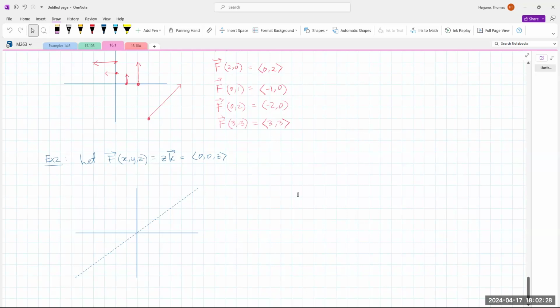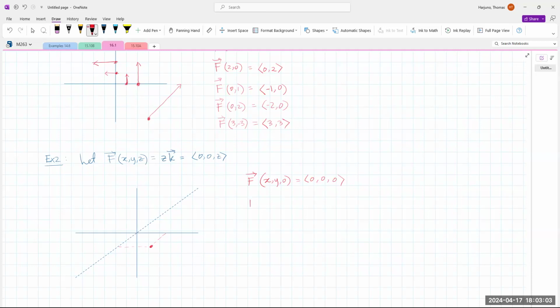So if you are on the xy plane, the vector is vector 0. (x, y, 0), that will be a vector 0. You choose any point on the xy plane, it will be a vector with 0 magnitude.